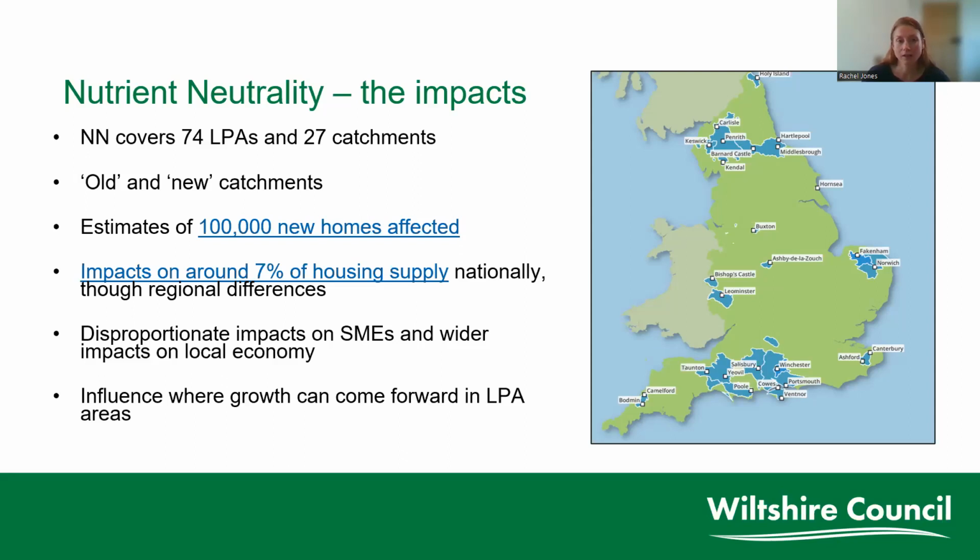I think the distinction is now blurring as time goes on. But essentially there were around 6 old catchments that were dealing with nutrient neutrality from before and after the Dutch nitrogen case, which was the case law that came forward from the European Court of Justice that led to nutrient neutrality being flagged in certain areas.